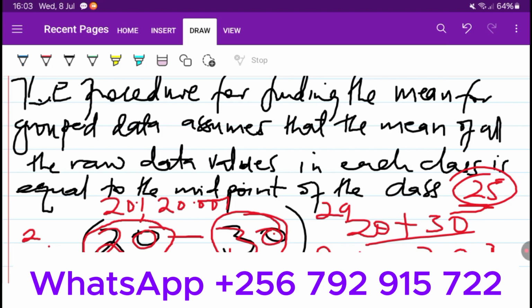There are usually two types of class intervals: the continuous and the discrete intervals. A continuous interval leaves no gap.